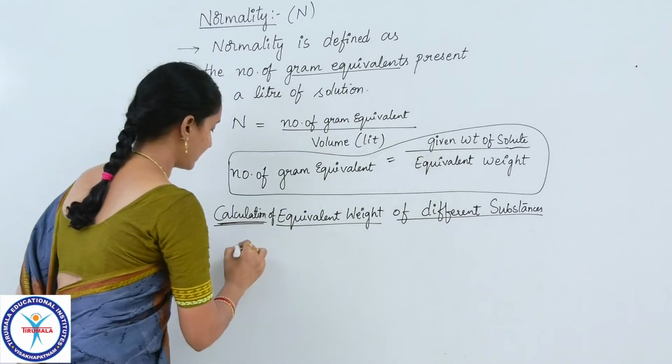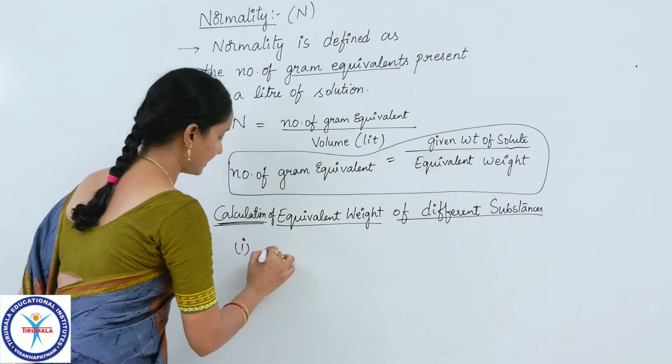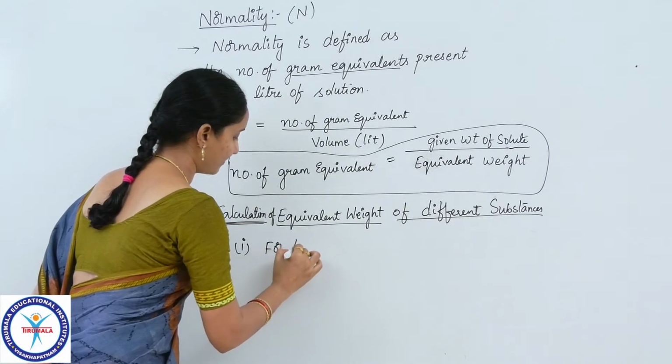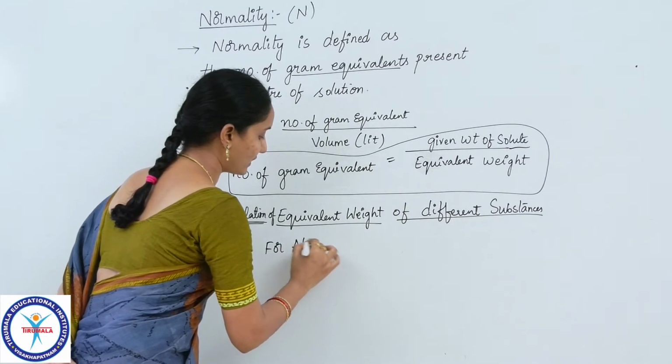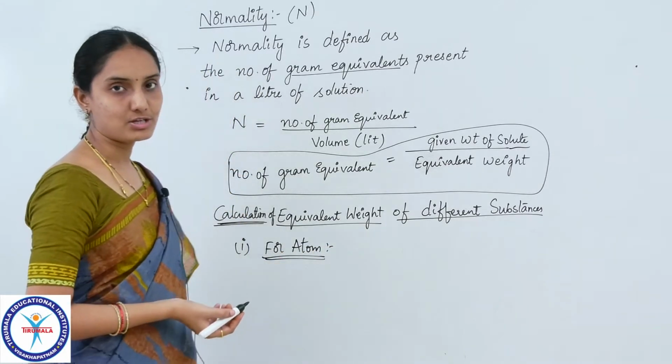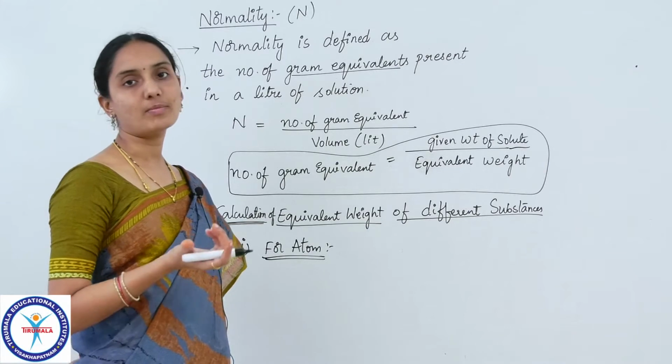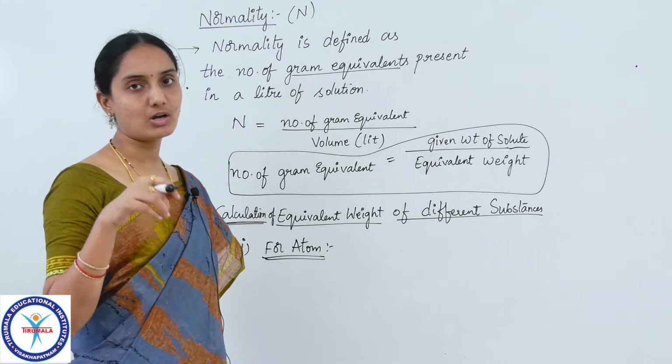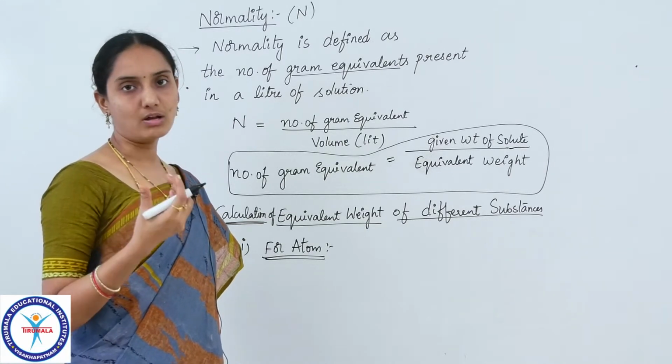Let us start with the first category, that is atoms. Suppose the solute we have taken is in atomic form, like magnesium or zinc, dissolved in a particular solvent.